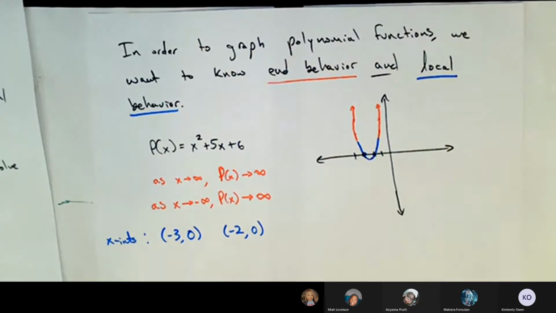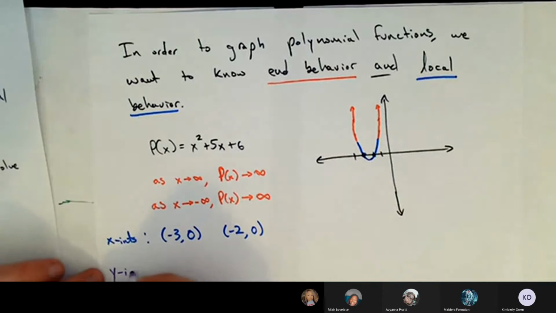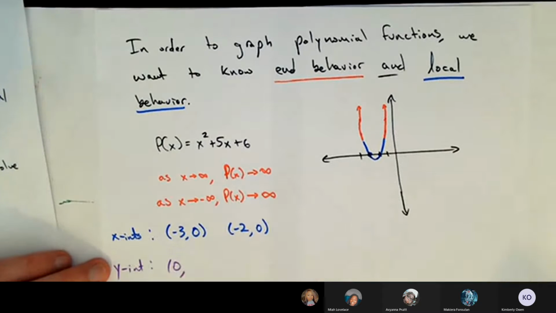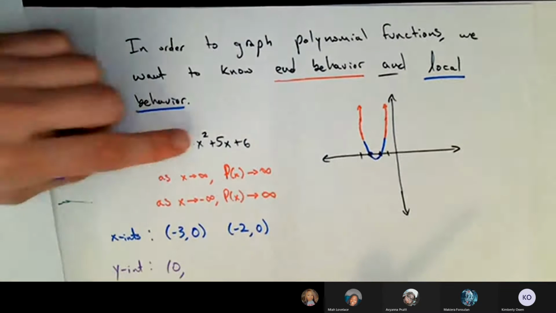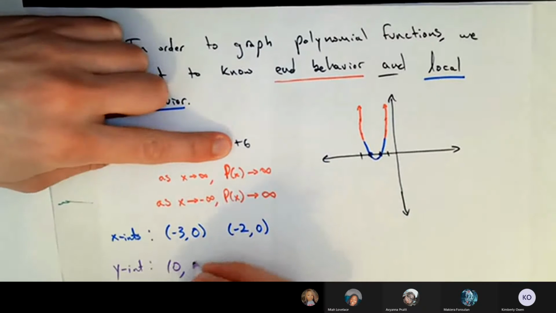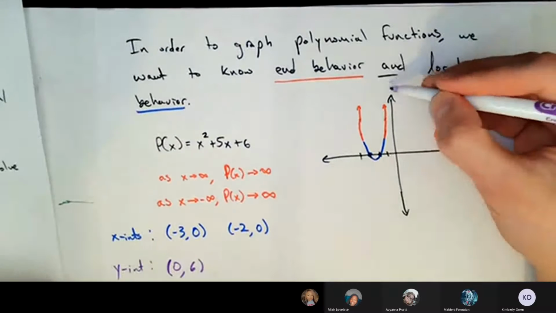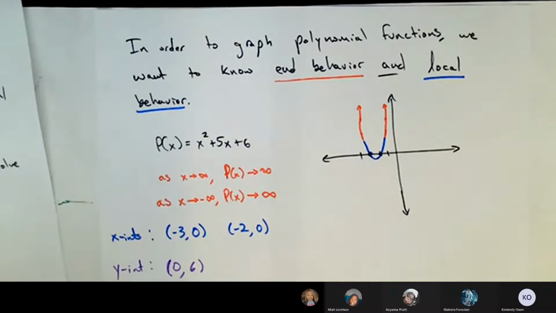And by the way, as for the y-intercept for this, which I'm not really bothering with too much here, remember to find the y-intercept, you just plug in 0 for x, and usually the y-intercept just pops right out. In this case, it would be a 6. So I could graph that up here somewhere, but the point of the past couple lectures has been the end behavior and the x-intercepts.